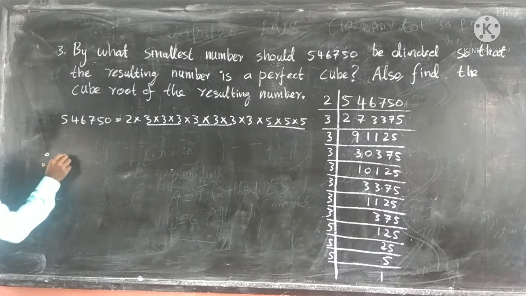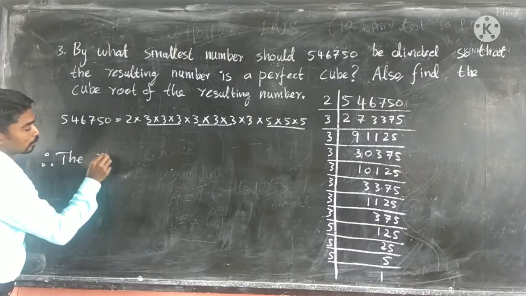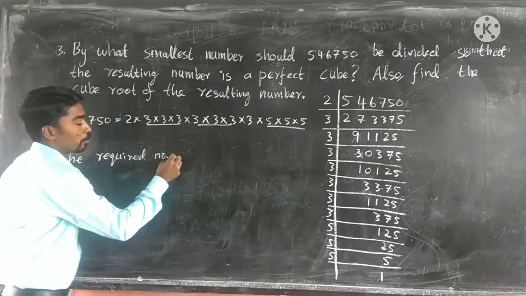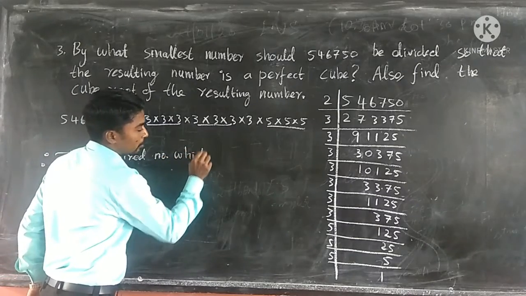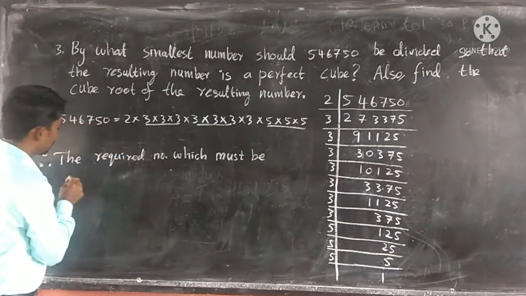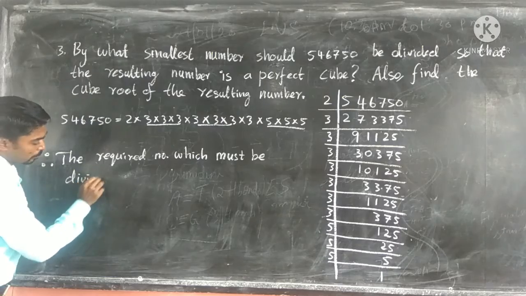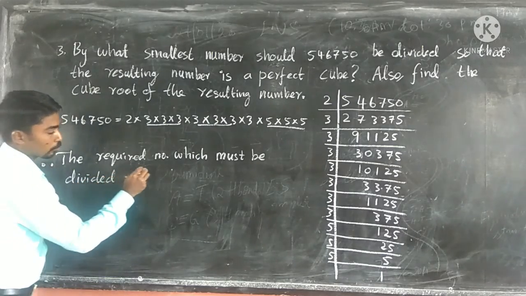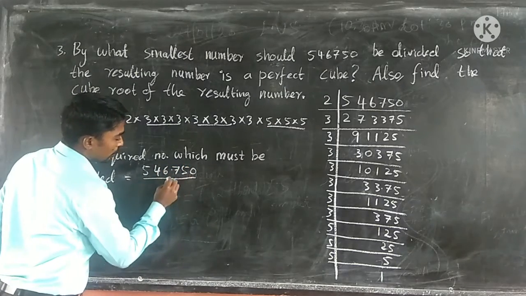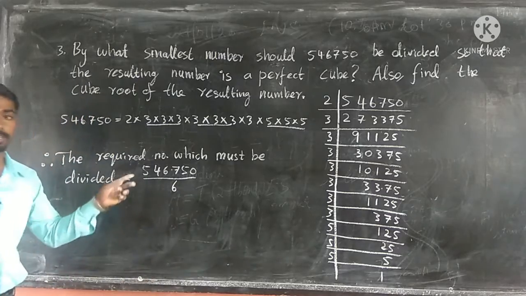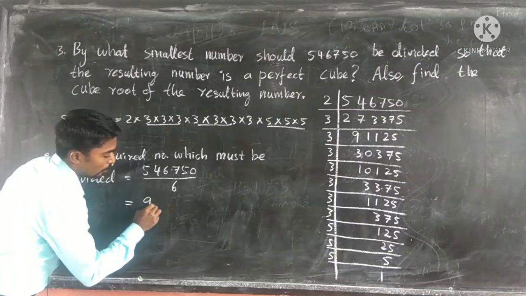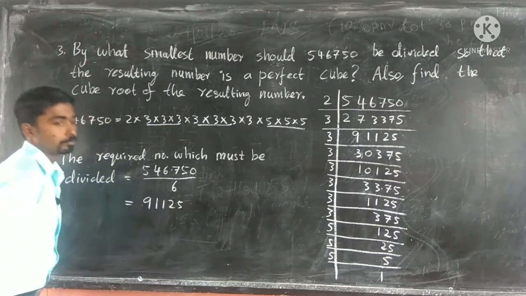Therefore, the required number by which it must be divided is equal to 6, that is 2 into 3 is equal to 6. 5,46,750 divided by 6 gives 91,125.